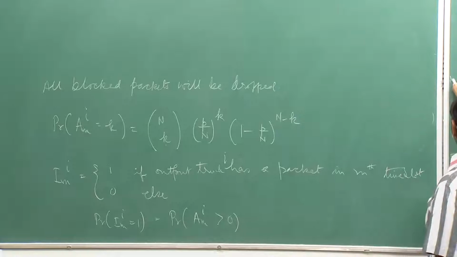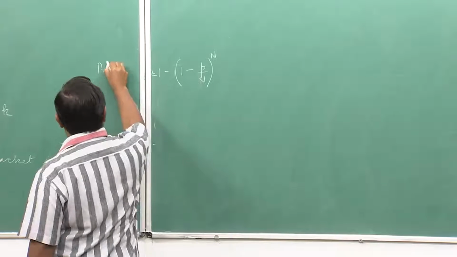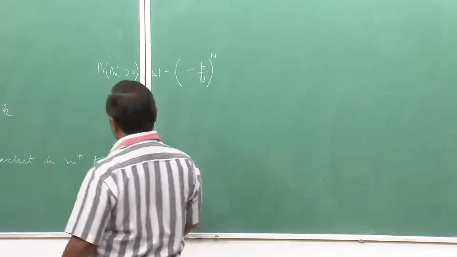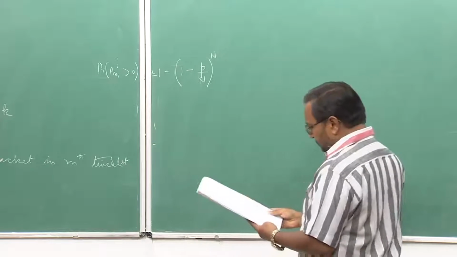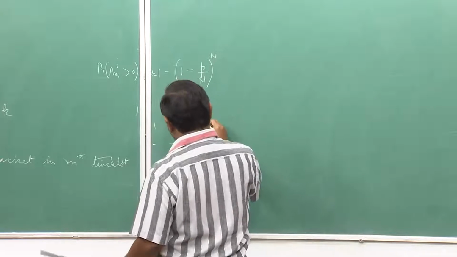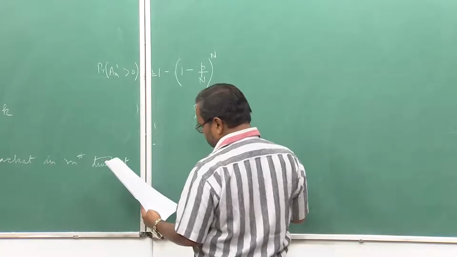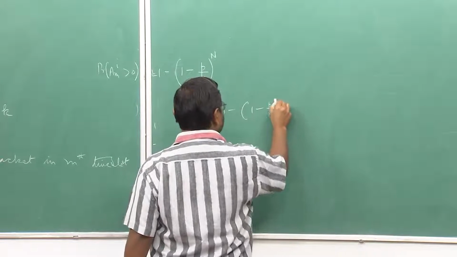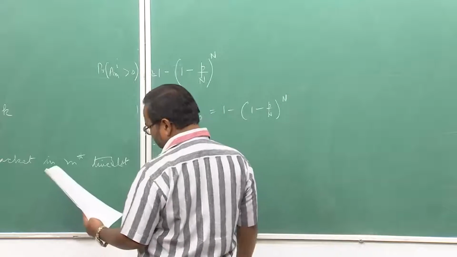So, this is the probability. Okay. So, output trunk utilization should be equal to this, which implies that rho naught will be 1 minus (1 minus p by n) raised to the power n.